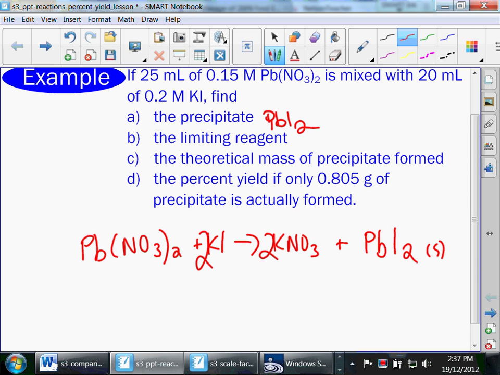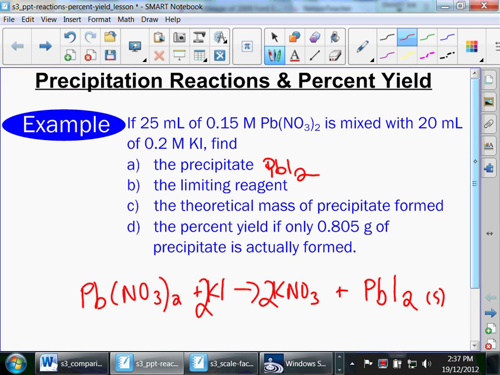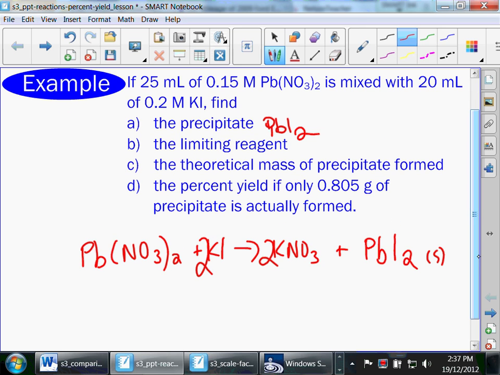Okay? So now we can look at how many moles we have of each one. If I have 25 mL of 0.15 molar of this, how many moles of it do I have? I have to find the number of moles of lead nitrate. To do that, I can use my formula, which is M equals n over V. I know that the molarity is 0.15, and the volume is 25 mL, so in liters, that's 0.025.